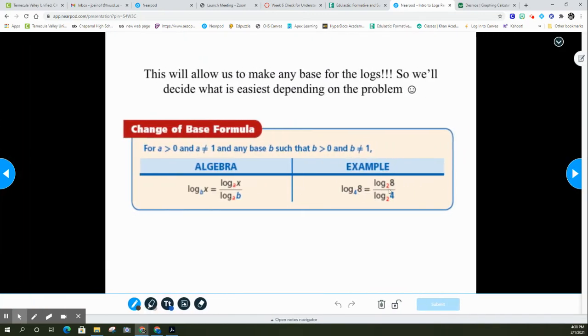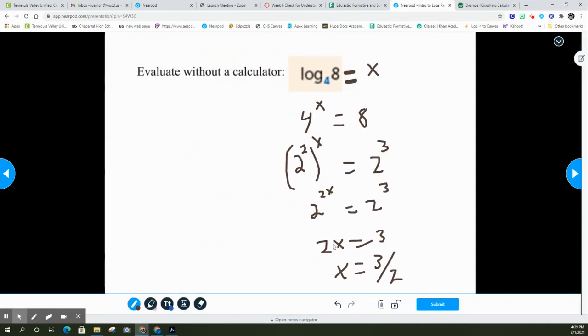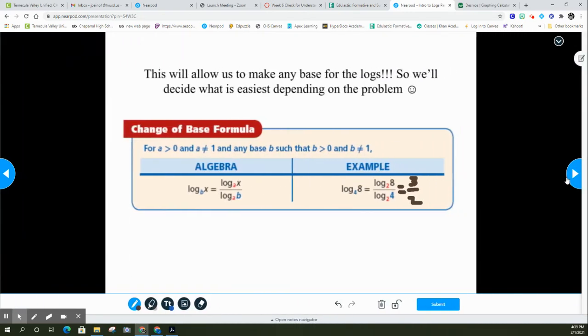We're going to change it to base 2. So log base 4 of 8 is the same thing as log base 2 of 8 divided by log base 2 of 4. Log base 2 of 8 we know is 3, and log base 2 of 4 we know is 2. We come back here, what was that last step that we did? We divided 3 by 2, right? So we see the connection there.